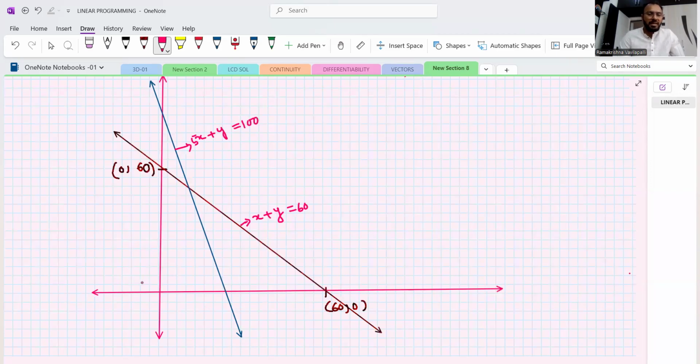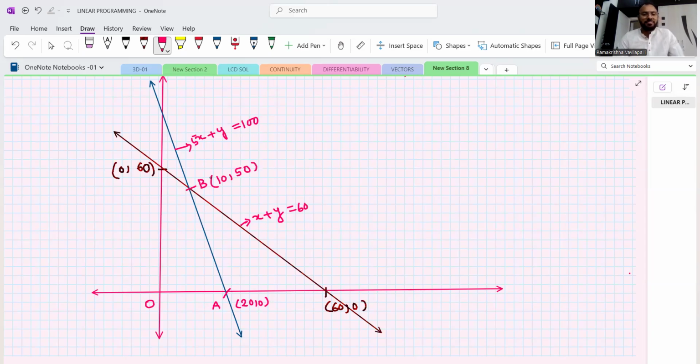This is the origin. Assume this is point A, that is 20 comma 0, and this is point B. We have to solve these two. Directly subtract, so that you will get 4x equal to 40 and x equal to 10. When x is 10, y is 50.